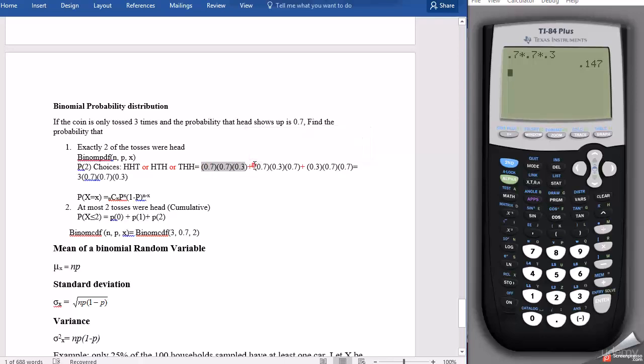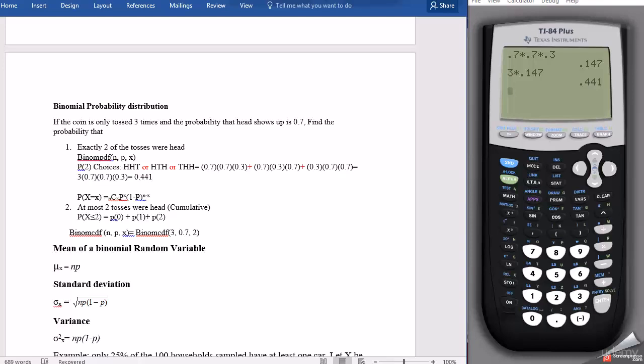If you multiply this one also, it's going to give us 0.147, and you multiply the last one, it's going to give us 0.147. So that means we get 0.147 multiplied by 3, and that's what we did here, 3 times 0.147 gives us 0.441. So the probability of getting 2 heads when the coin is tossed 3 times is 0.441.